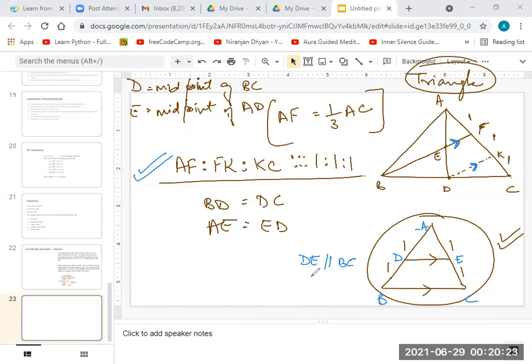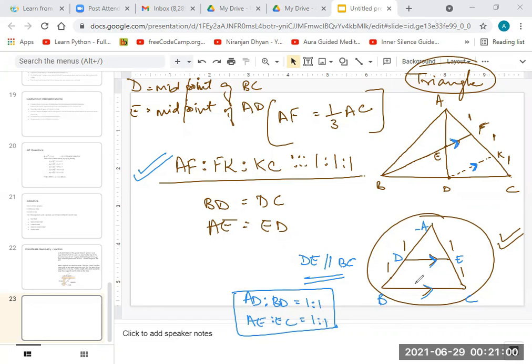So when DE is parallel to BC, if AD to BD is 1:1, then AE to EC will be equal to 1:1. This is the theorem: this line divides both the sides in the ratio 1:1. Does it make sense, all of you?